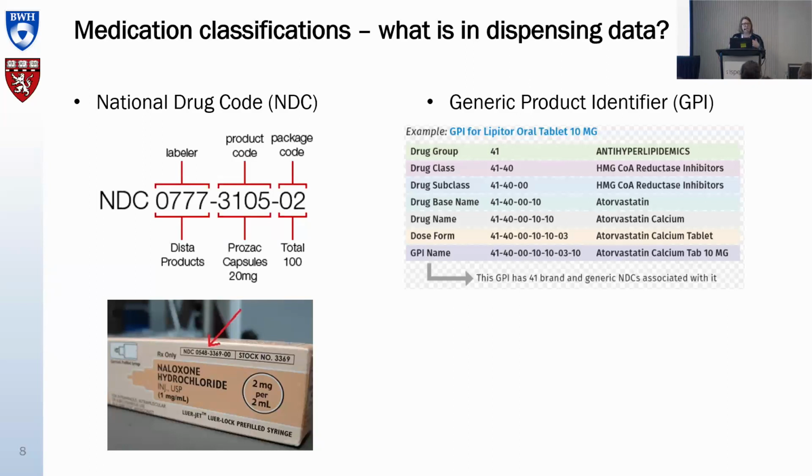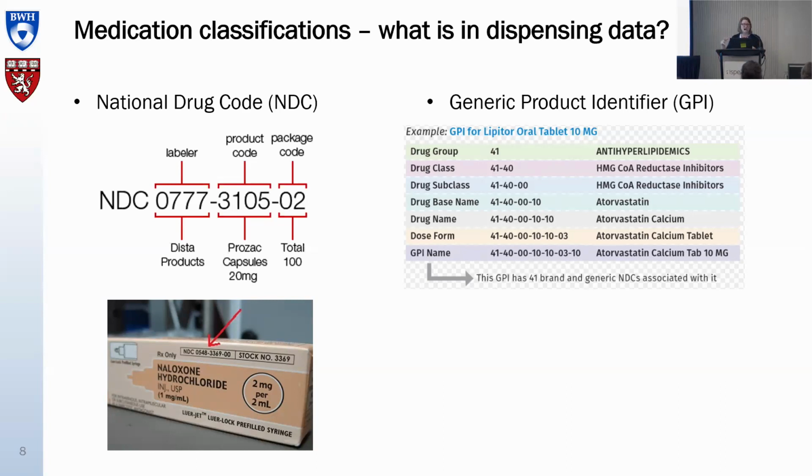And so the first question I get asked often is, really, what's in dispensing data? And I'm sure many of you are familiar a bit with what lives in these claims data from the medication side that we're interested in. But I think it's important to point out, and the question I always get when I'm doing a research study is, okay, what level are you measuring your medications at?